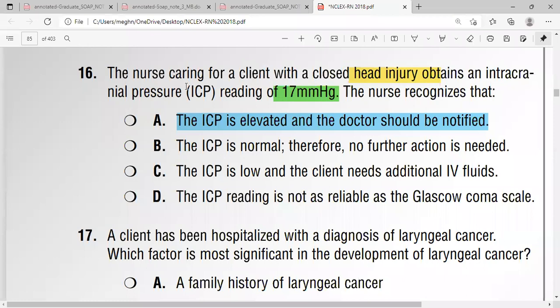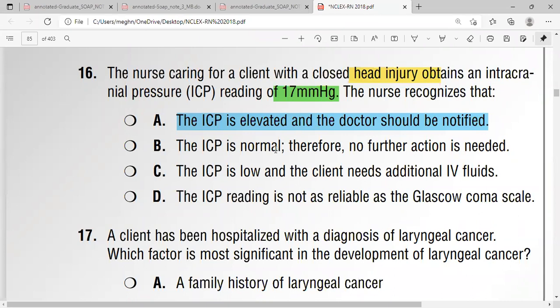The intracranial pressure normally ranges from 4 to 10 millimeters of mercury, with the upper limit at 15 millimeters of mercury. So answer B is incorrect because the pressure is not normal.